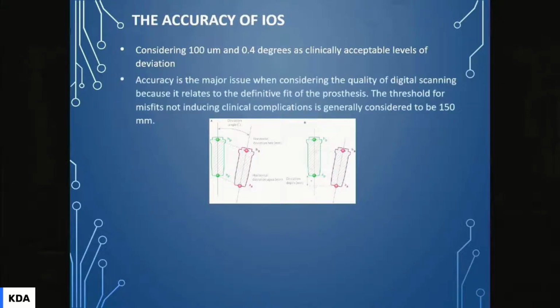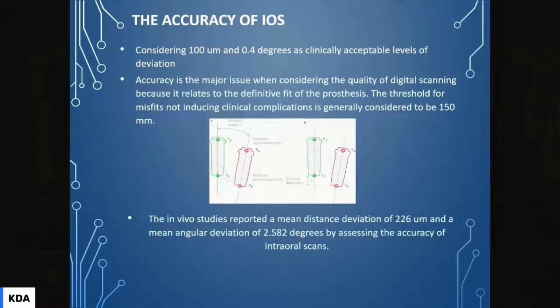So what does the literature, or what does the evidence say? The evidence says, unfortunately, that there is a lot of evidence showing that the misfit between our scan and reality is around 226 microns. So it's above and beyond the acceptable level of misfit.